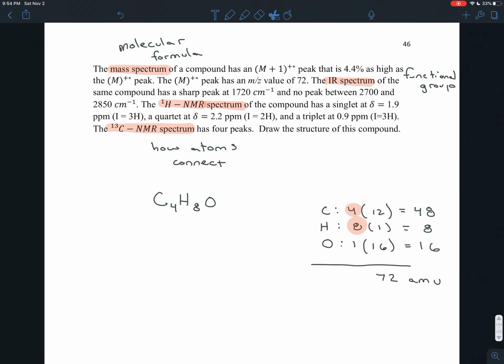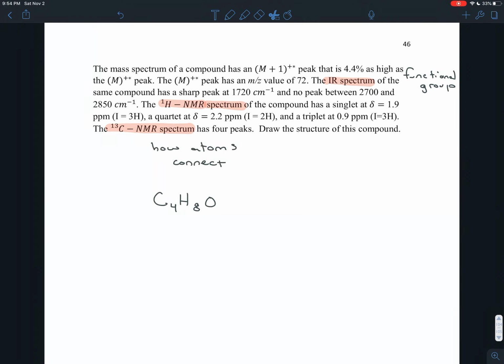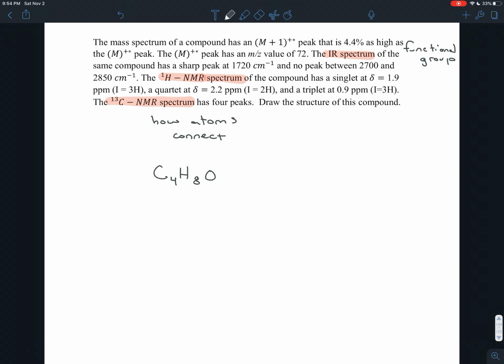Now, next. So much for the mass spectrum. We've juiced all of the information we could get out of that. We also can use this to get a sense of how many pi bonds or rings we're looking for. We can find the degrees of unsaturation. Remember, that's 1/2 times 2 times the number of carbons, plus 2, plus the number of nitrogens, minus the number of halogens, fluorine, chlorine, bromine, iodine, minus the number of hydrogens.